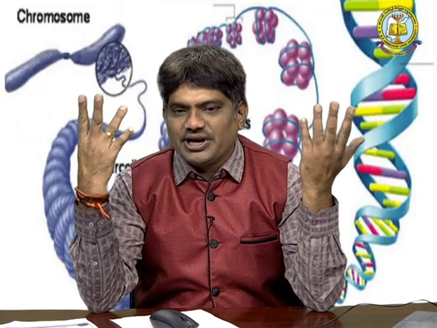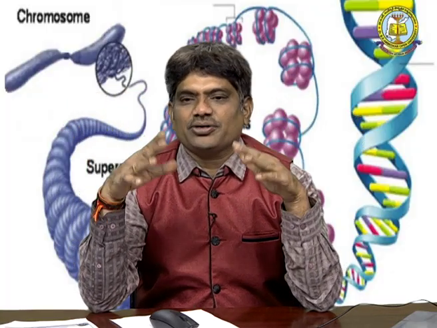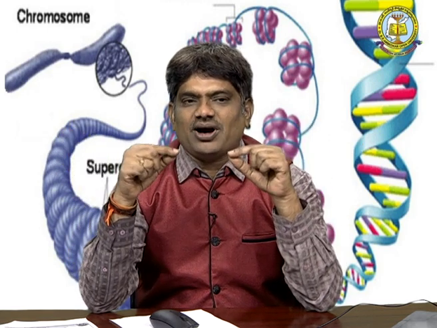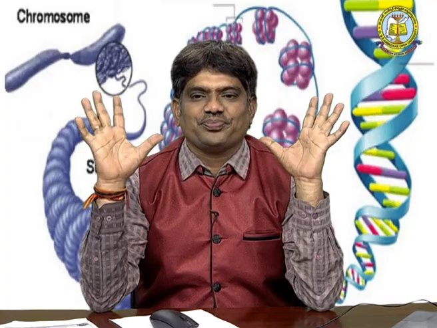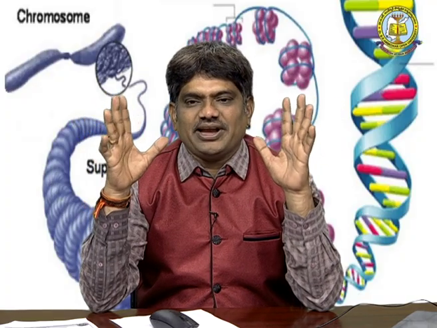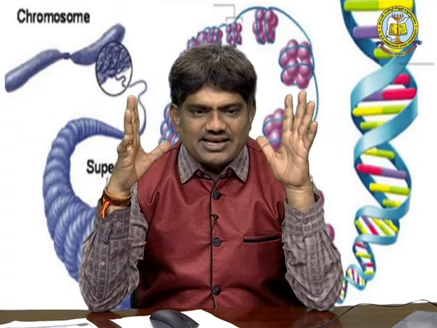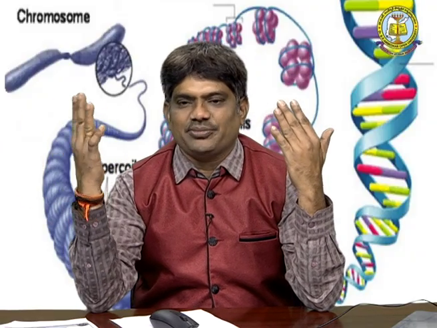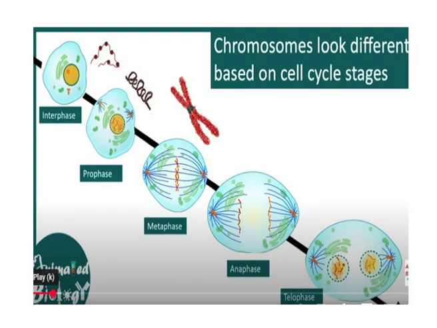Whenever it is going to interphase, that means going to take further divisions, at that time it will be like a small chain thread like structure. And whenever it has completed the S phase, G and S phase, then whenever it is going to metaphase, that means division phase, it forms thick chromatid fibers.